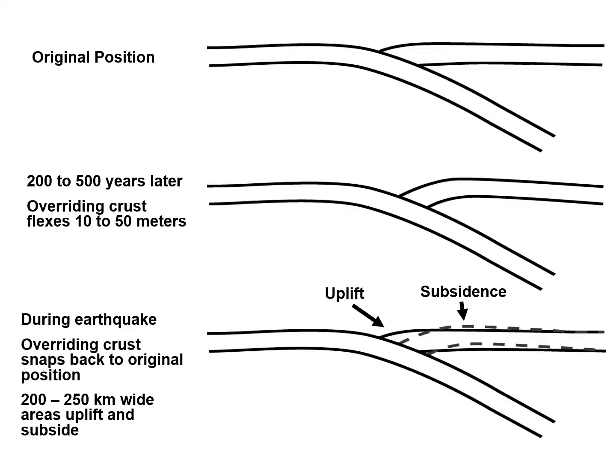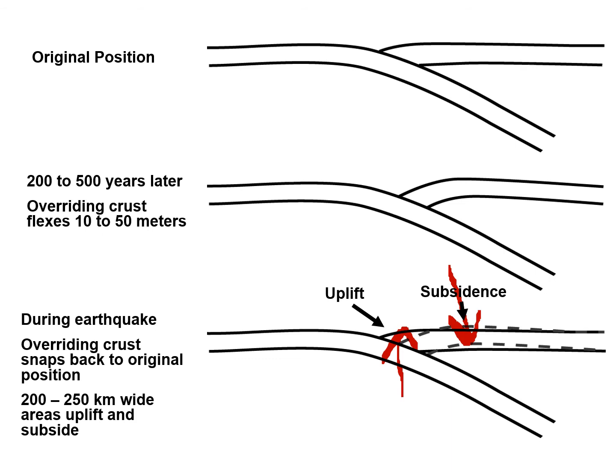Now, the elastic rebound theory is important in understanding some of the deformation that we often see in coastal areas after an earthquake. And so if you imagine that this overriding plate is starting to bend and flex as a result of that strain building up, as that strain is released, areas that have bent a little more, they'll straighten out, and so you may have some areas that straighten out downward, and so that flexure will cause subsidence of portions of the coastline, while areas along the sea floor that straighten out, they may be uplifted along the sea floor.